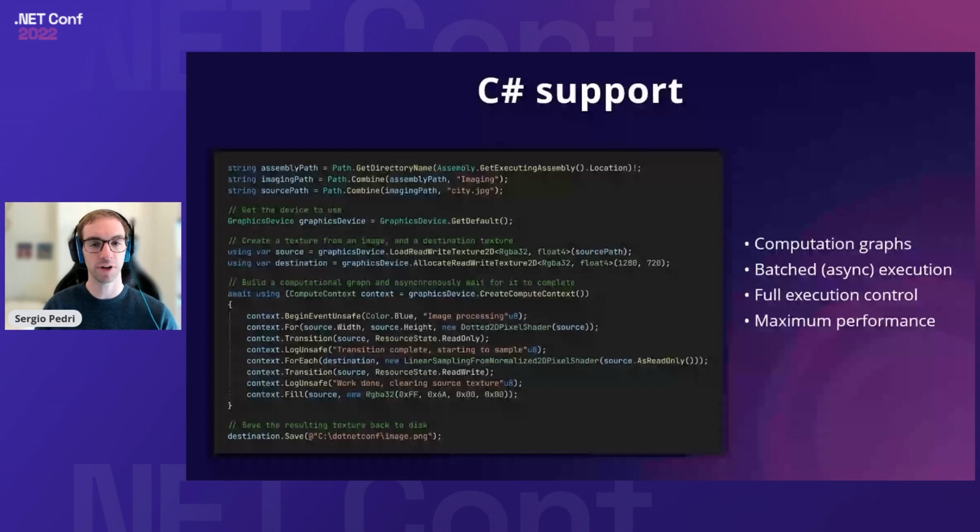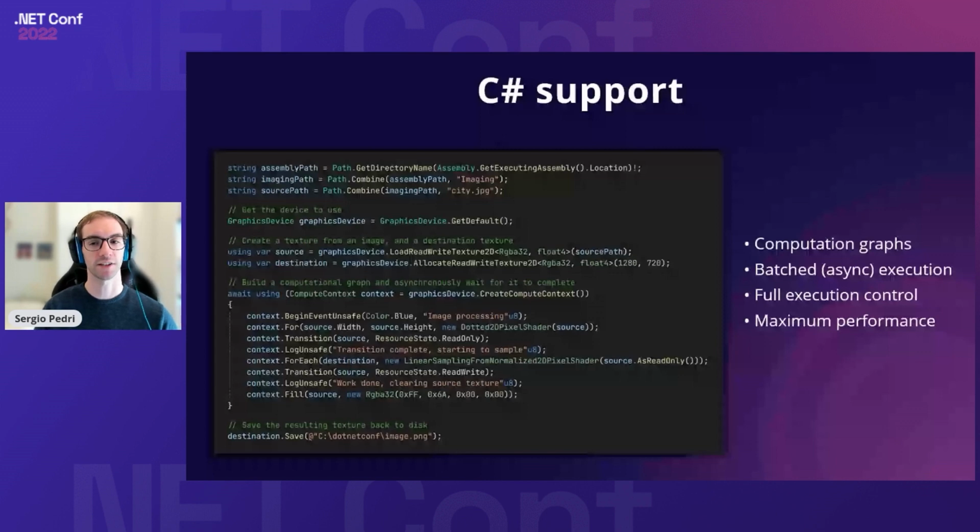And then we are basically free to build our fully customizable computational graph. And then the second we go out of this scope and the compute context gets disposed, all of this work will just be queued to the GPU all at once. And you can see here how we're also using this await using statement, meaning that we'll be able to asynchronously await for all this work to be completed instead of blocking the caller thread.